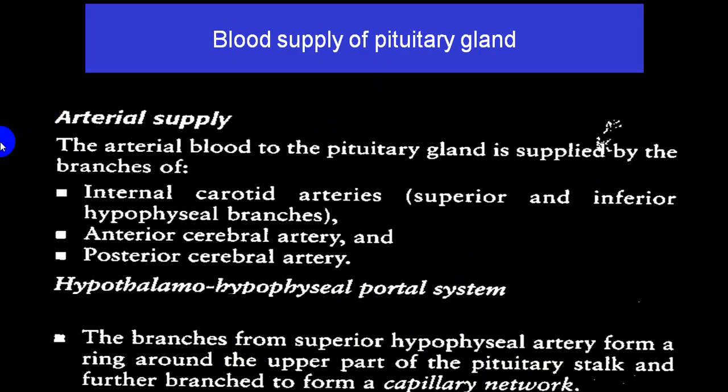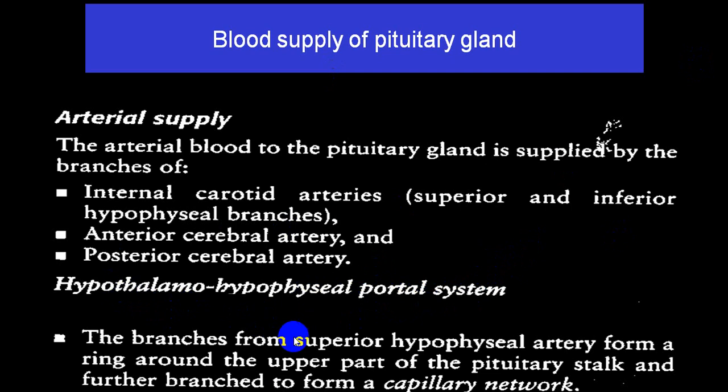Arterial supply, we have already done a little bit regarding it. A branch from the internal carotid artery, the superior and inferior hypophyseal branches, from the anterior cerebral artery, and also from the posterior cerebral artery, makes up the arterial supply. This will form a plexus we call the hypothalamo-hypophyseal portal system, and then it will be drained into the cavernous sinus.